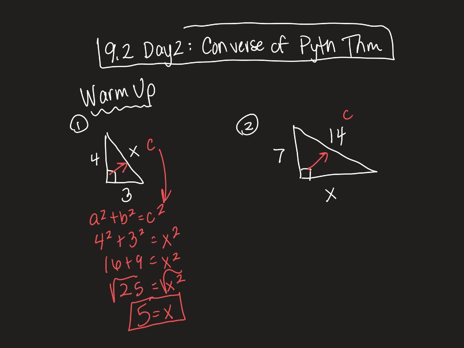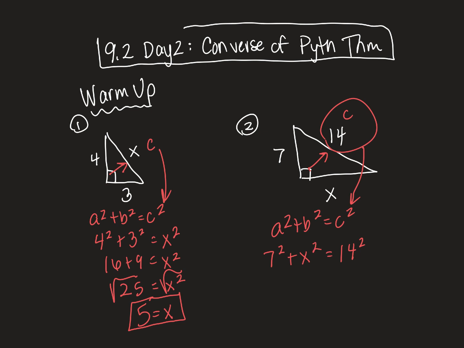Okay, so on the next one, we will do the same formula, but this time 14 is my C value. So we're going to square 14 over here, and then the other legs get squared and added together.